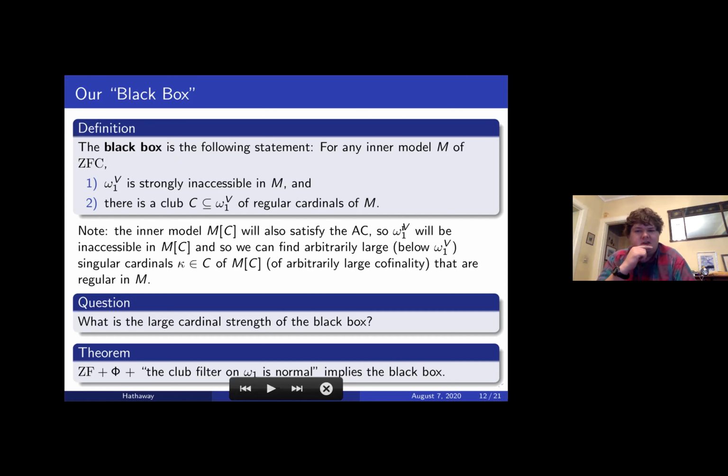So in M bracket C, omega 1 of V will be inaccessible in M bracket C. And so we can find arbitrarily large singular cardinals of M bracket C that are regular cardinals of M. So the black box, applied to any inner model of ZFC M, will give this outer model of M where there's lots of singular cardinals that are regular in M. And our question is, what exactly is the large cardinal strength of the black box?